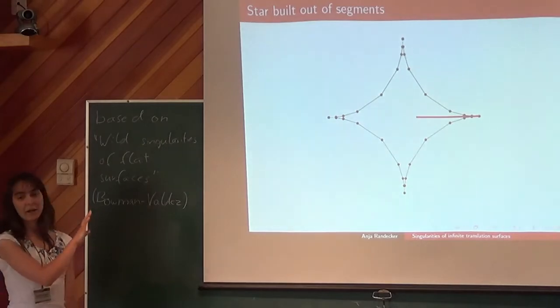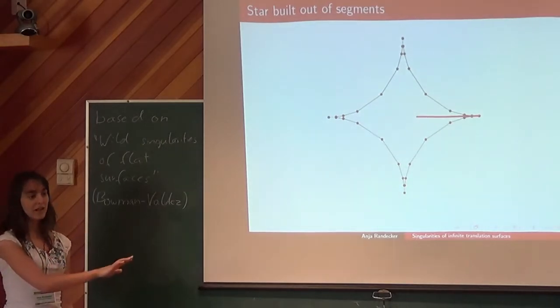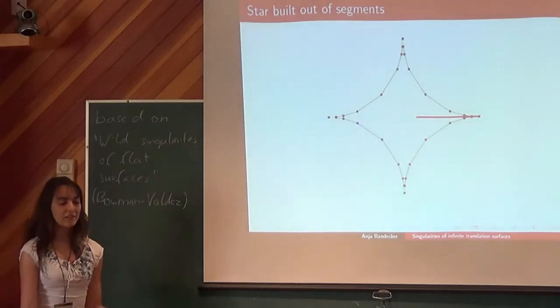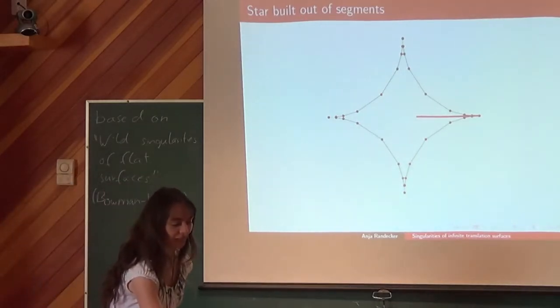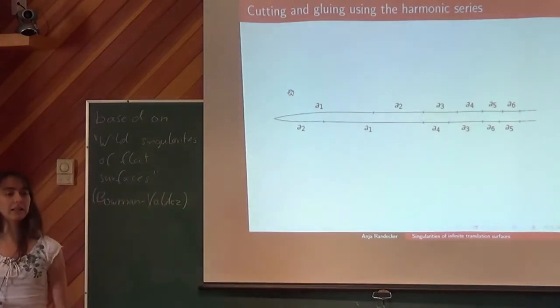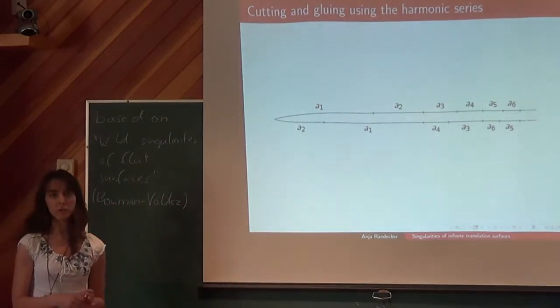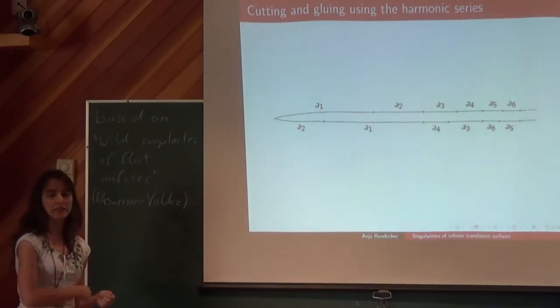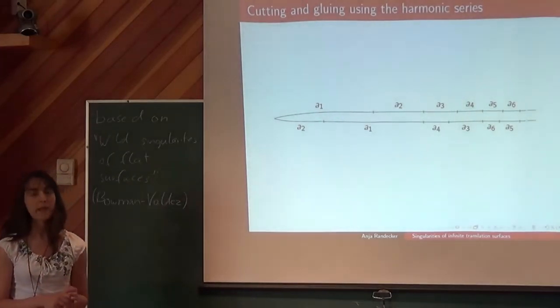That's not right for all wild singularities. It's even worse. If we look at the last example, we take a null sequence that is not converging. And then we take the plane, choose a direction, and then cut in this direction.